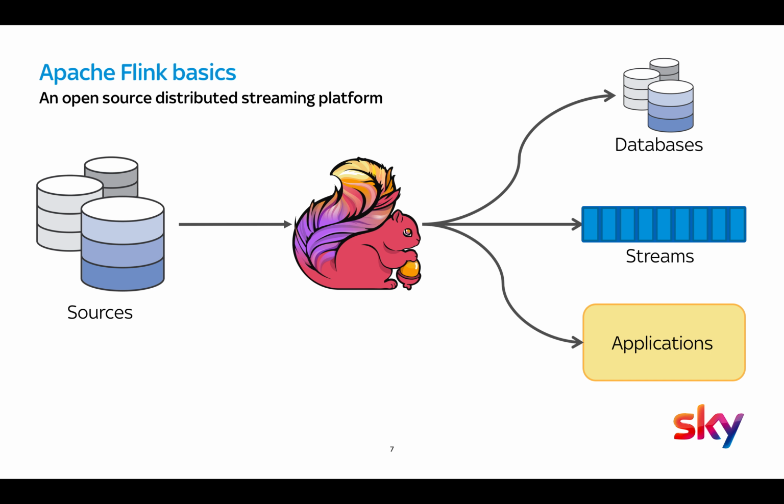I'll take them in any order as they come, no matter what delays they may have. So there's those 3 different types of time: event time, ingestion time, and processing time. And this is all configurable in the streaming job that you're going to be writing with Flink.